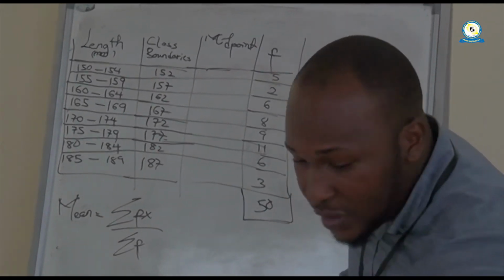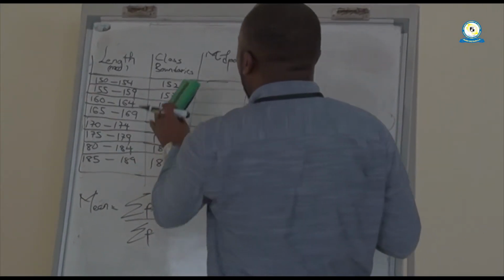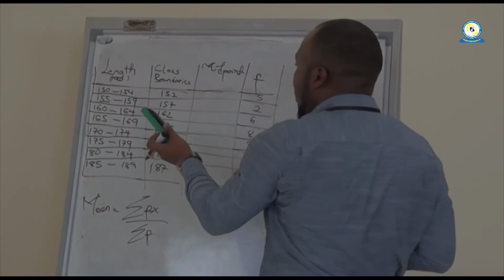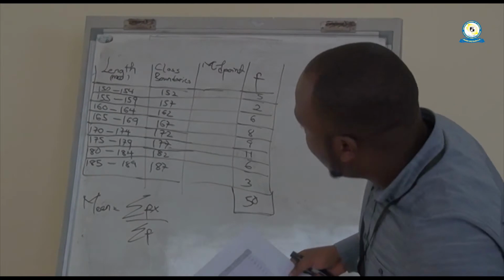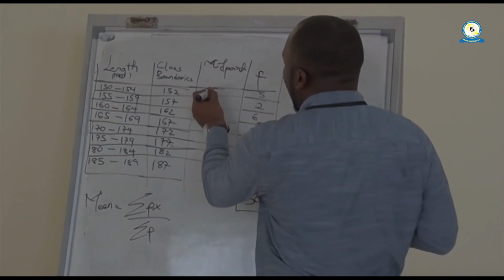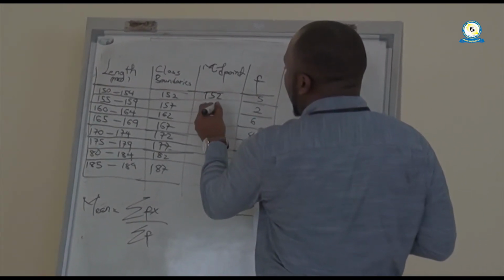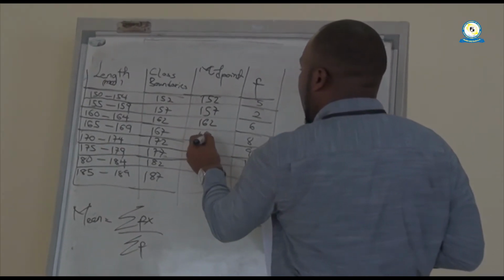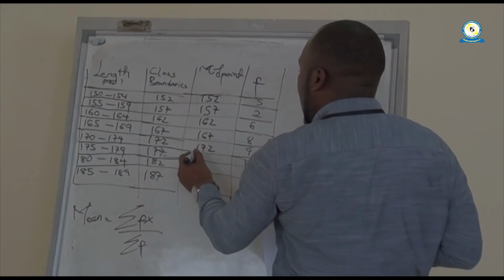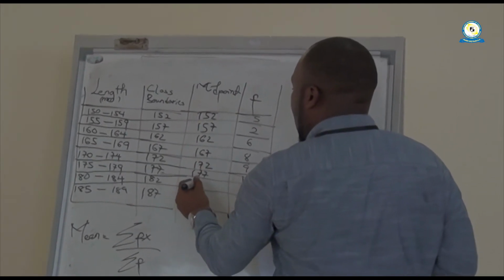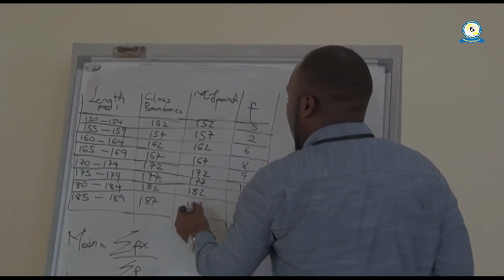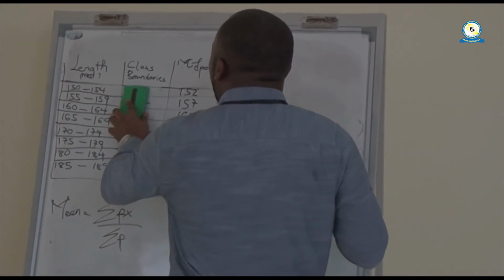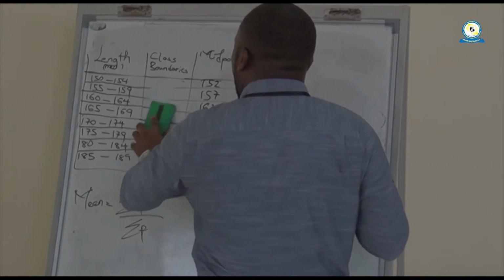Here, these are supposed to be midpoints. So I'll shift these values here. I didn't look well there. These are supposed to be midpoints: 162, 167, 172, 177, 182, and 187.